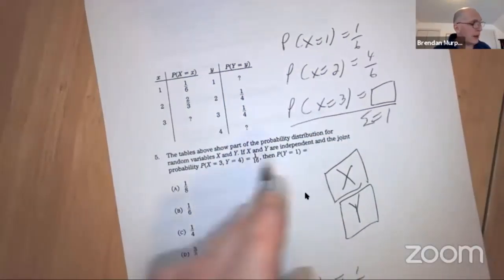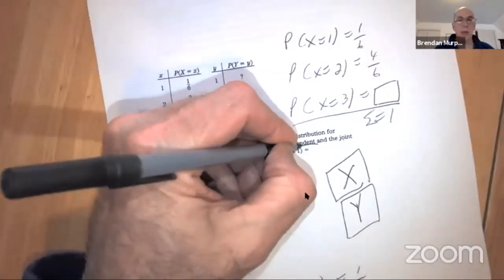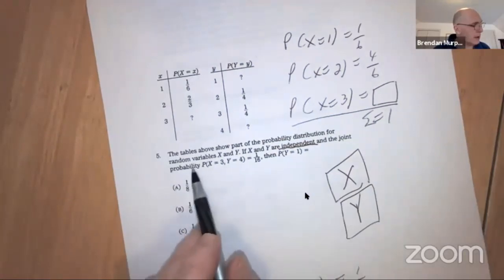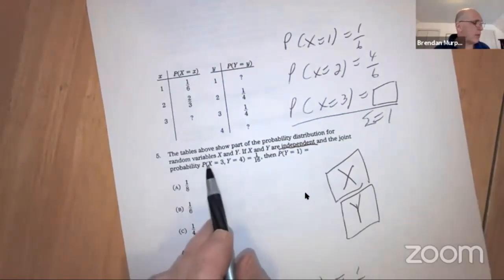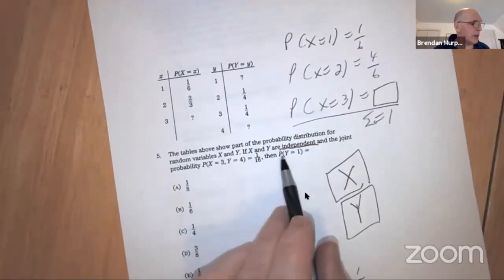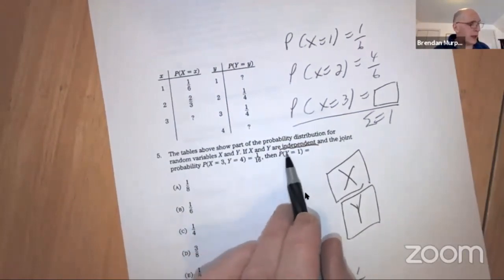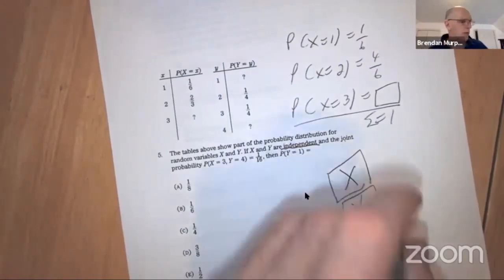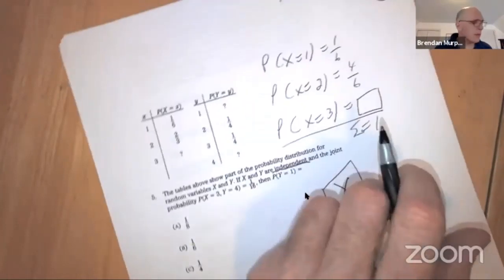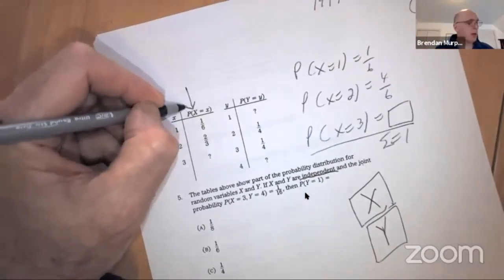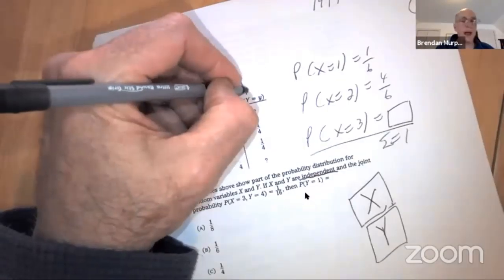If X and Y are independent, super important, and I'm probably going to underline that, and the joint probability that big X equals 3 and big Y equals 4 equals 1/16, then the probability that big random variable Y is equal to 1 is equal to... and honestly, my students struggle with this. So big X, that's one of my random variables. Big Y is my other random variable.